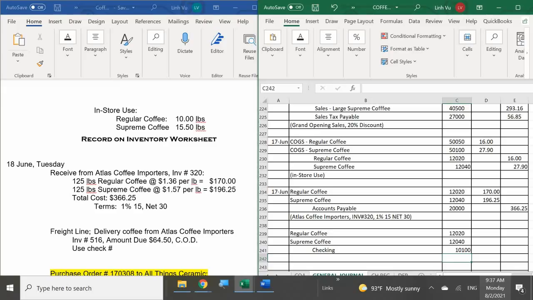Why isn't the freight expense included in the total cost? It will be, but this is two separate transactions. Yeah, because we have Atlas, and then we have a third-party vendor called Freightline. Can you combine two different transactions in one?